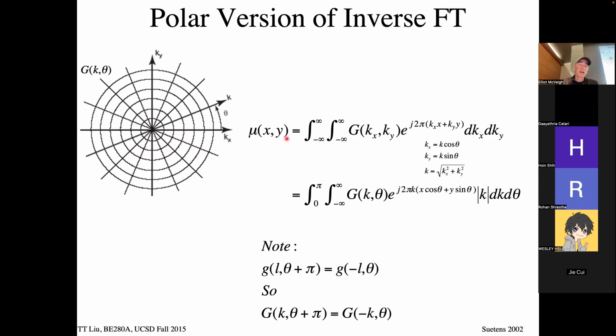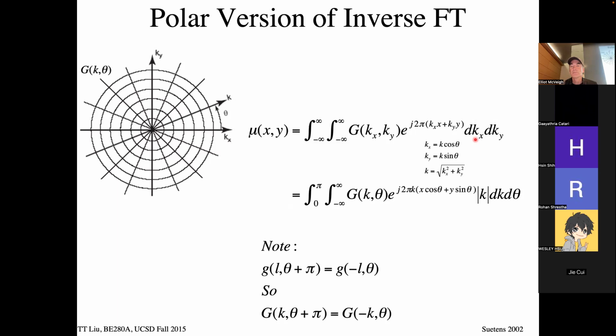So we know that mu of x,y, which is our object, is the inverse Fourier transform of big G, which is the Fourier transform of little g. This is the equation to do that inversion, the inverse Fourier transform of big G to get back to mu.